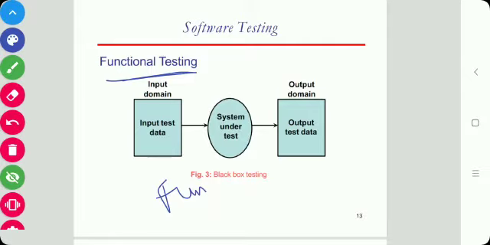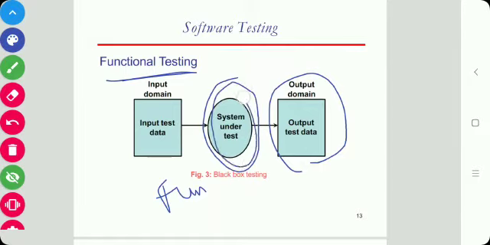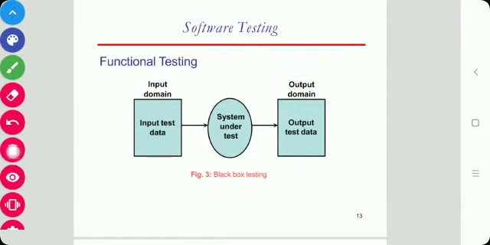Thus functional testing refers to testing which involves only observation of the output for the given input. There is no attempt to analyze the code which produces the output. So we ignore the internal structure of the system. That is why it is also called black box testing, as we are unaware of the internals of this black box.